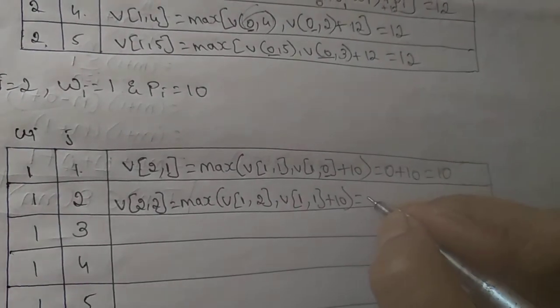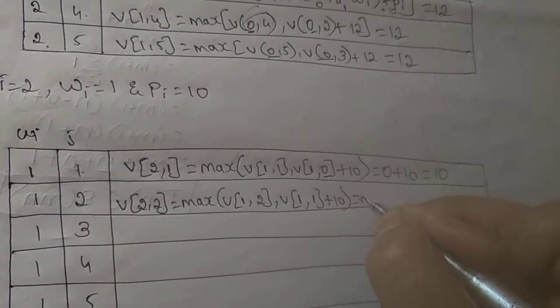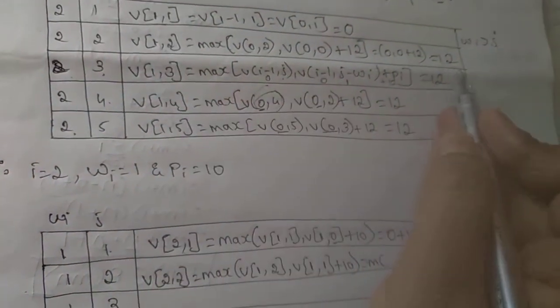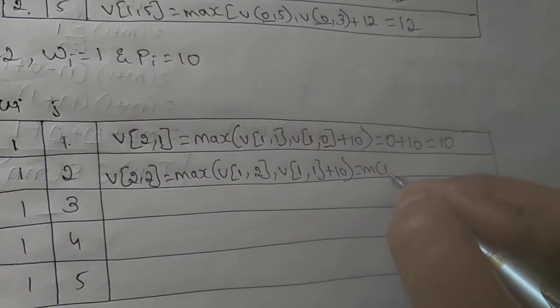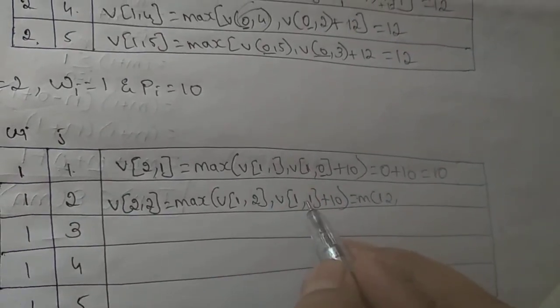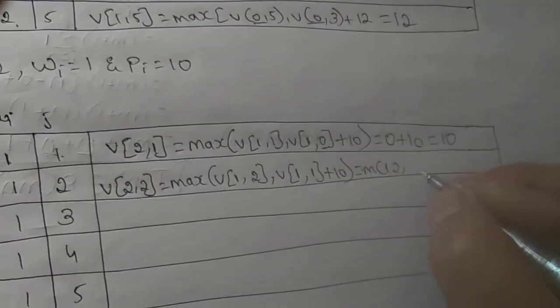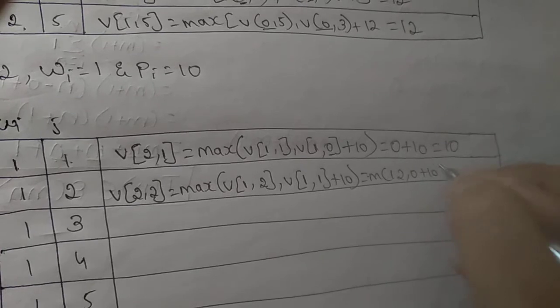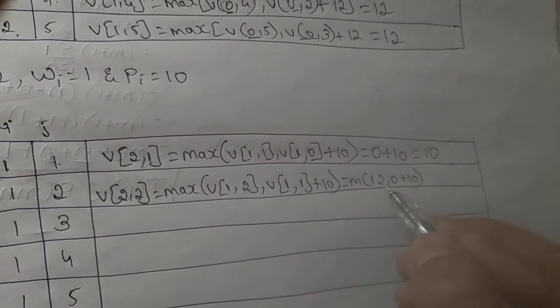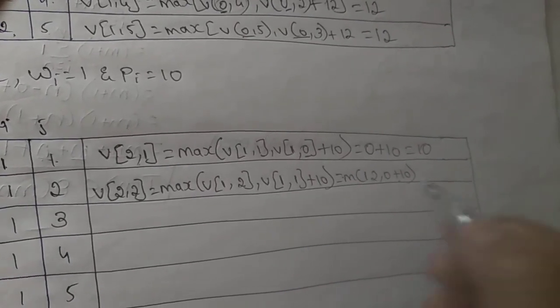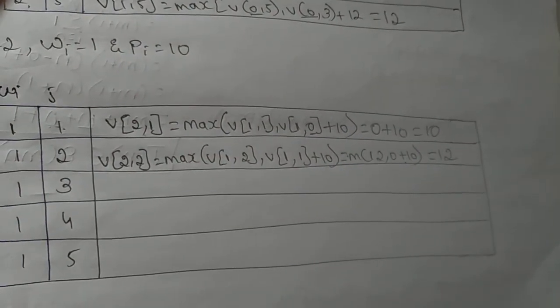You just take the maximum of v of 1 comma 2, which is 12, and v of 1 comma 1 plus 10, which is 0 plus 10. So 12 comma 10, which is maximum? 12 is maximum. So I will take 12 over here.